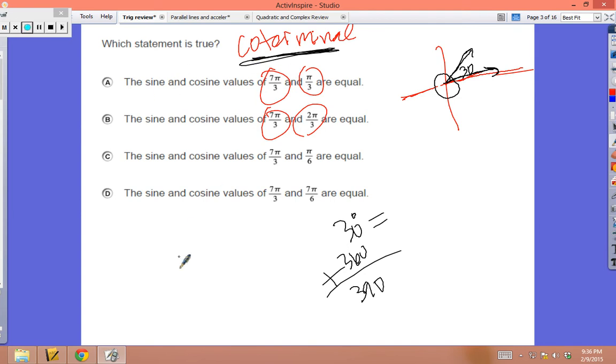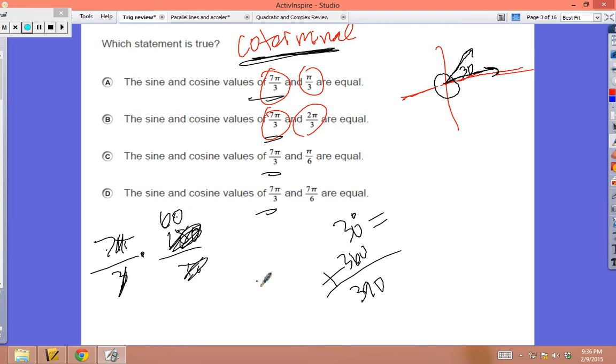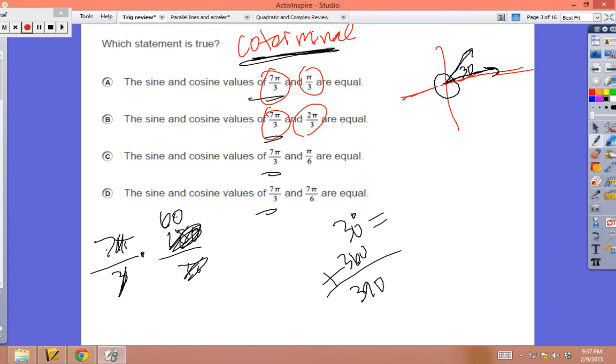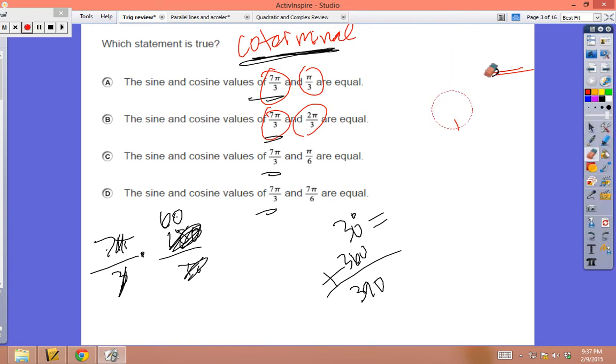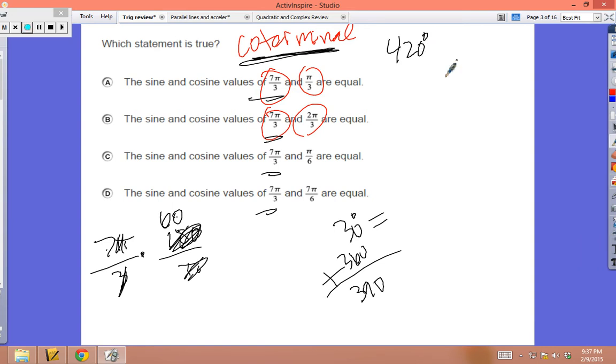So this first one, they're all 7 pi over 3. So 7 pi over 3, if I times that by 180 over pi, the pi's cancel. 3 goes into 180 60 times. So 60 times 7. All these 7 pi's over 3 are 420 degrees.